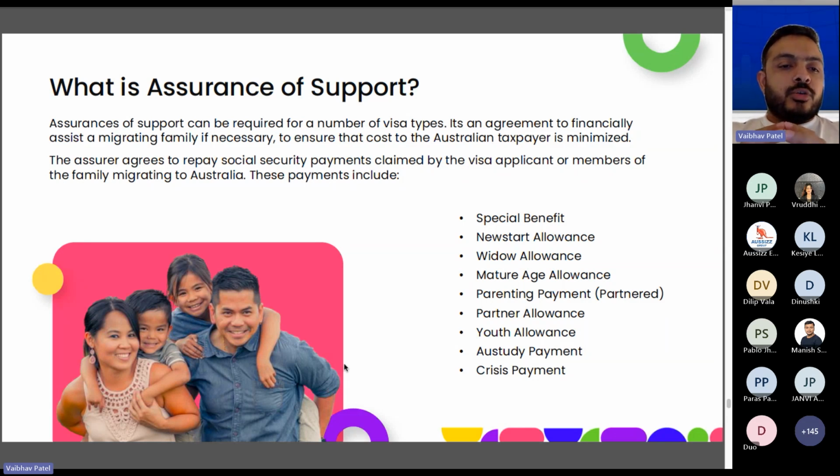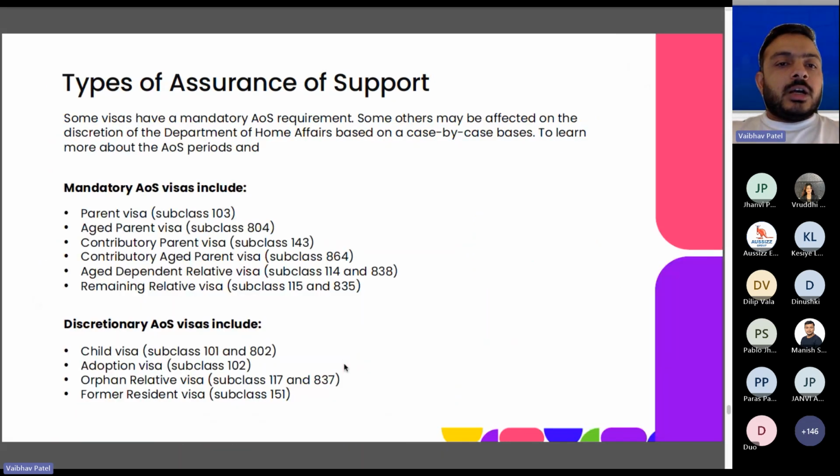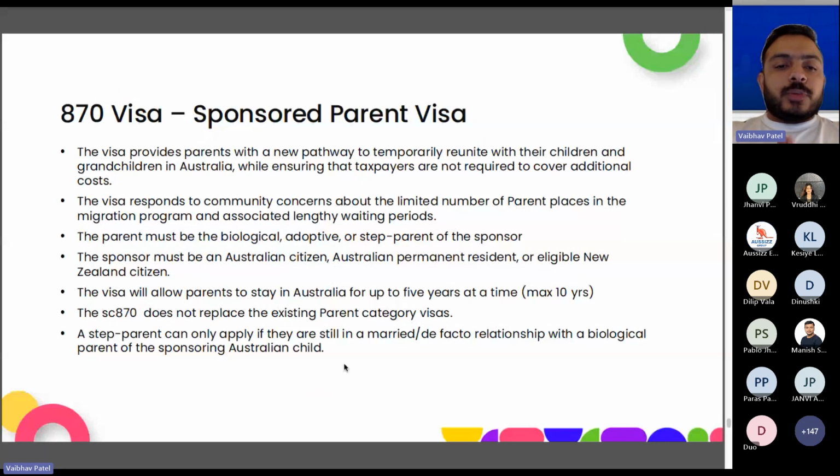That is, you have to give an assurance that the parents will not be claiming any social security payments from the government during the first 2 years for subclass 103 and 804, and during the first 10 years for subclass 173, 143, 884, 864.